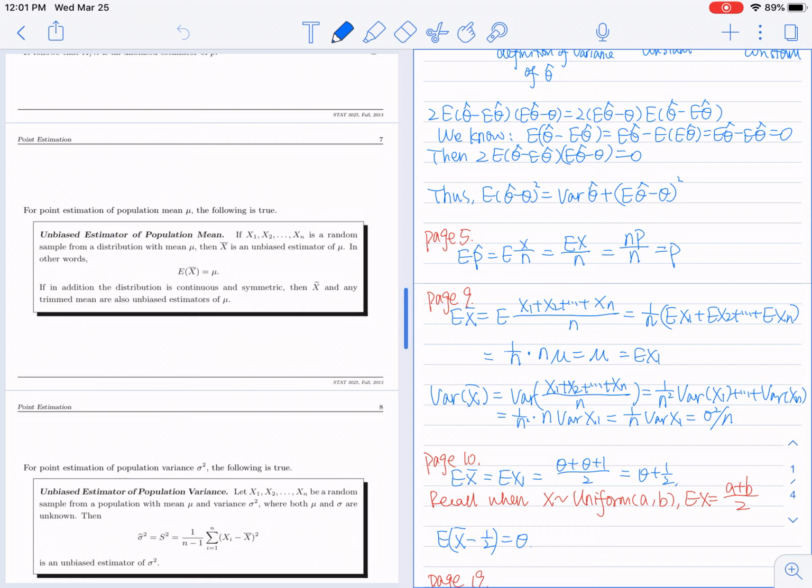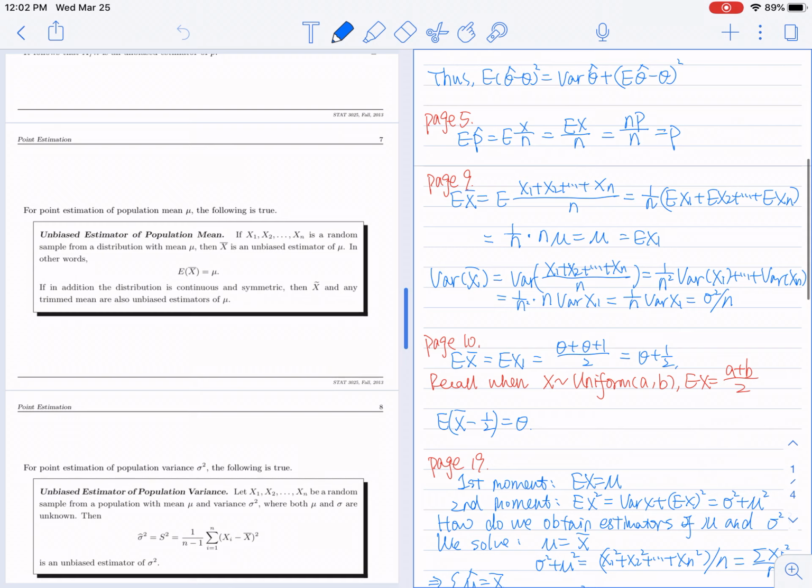And usually, we use x bar, which is the sample mean, as an estimator of the population mean, because the sample mean has the good property of unbiasedness. And we also give the derivation in the right hand side. So the expected value of x bar will be equal to the expected value of the average of the sample points, right? And since n is a constant, still we can take this n out.